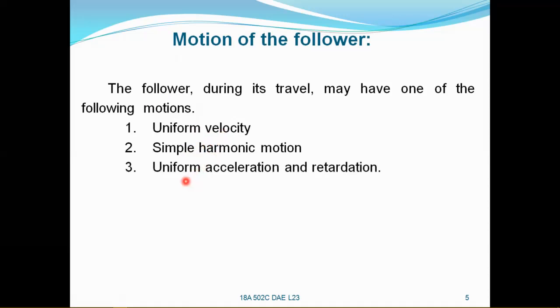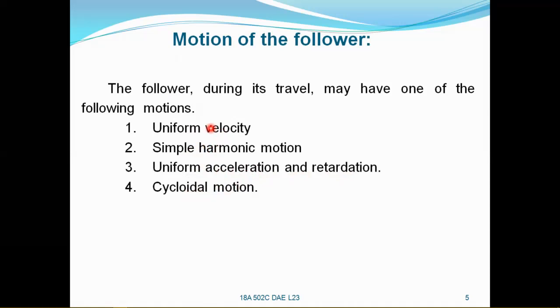The follower may have uniform acceleration and retardation. And finally, it may have cycloidal motion also. These are the four types of motions for the follower.